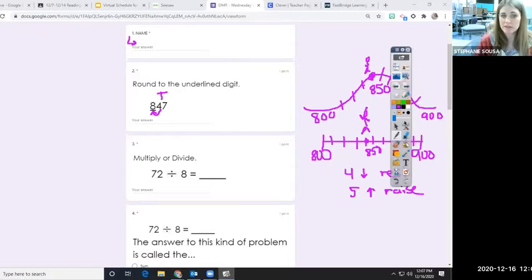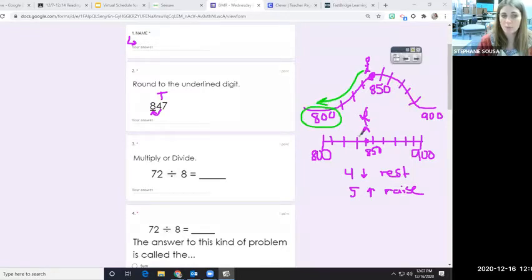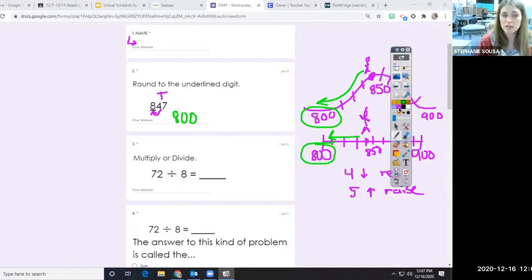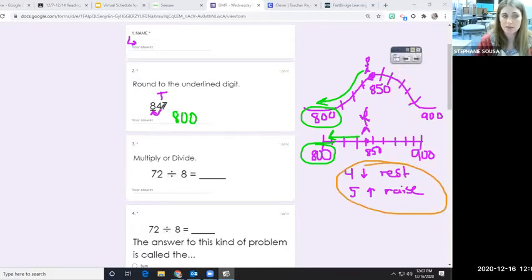We can see that this is closer to the 800 side. So we are going to round down or backwards to 800. So your answer should have been typed as 800. If you were using the rhyme for 4 or less, give it a rest, 5 or more, raise the score, this is a 4, which is 4 or less. So we're going to give it a rest.